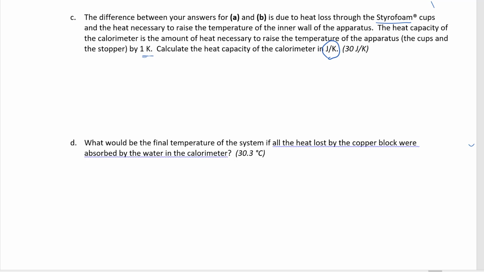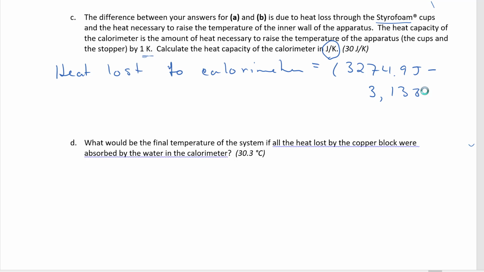These are the units that we want. So basically, any heat that wasn't taken in by the water was lost to the calorimeter. So the heat that was lost to the calorimeter is equal to the 3,274.9 joules that was given off by the metal minus 3,138 joules, which was taken in by the water.